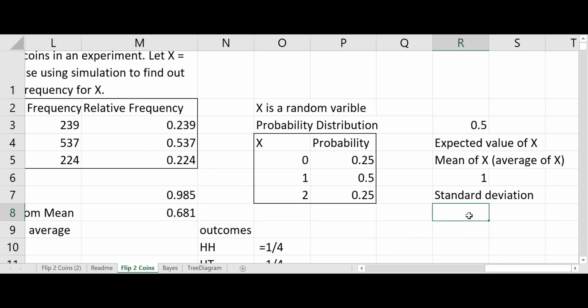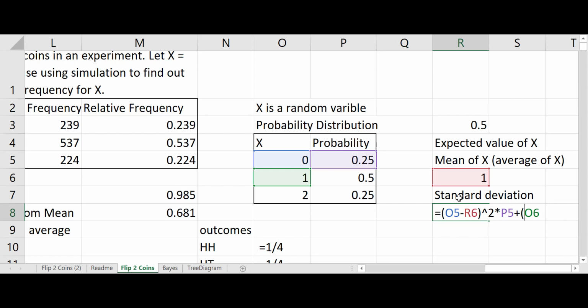So we calculate the standard deviation this way: first we take each value x, how far away it is from the mean, and then we square it, and we multiply by how often this happened. That's the probability. Okay, plus, so x equal to 1.